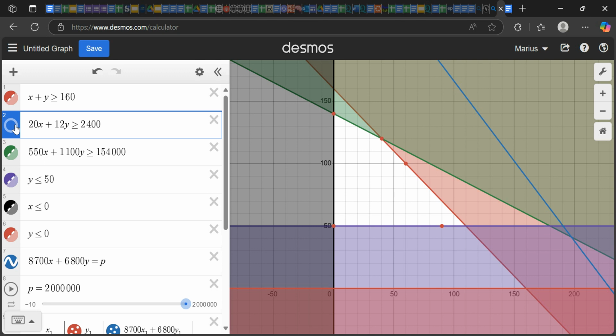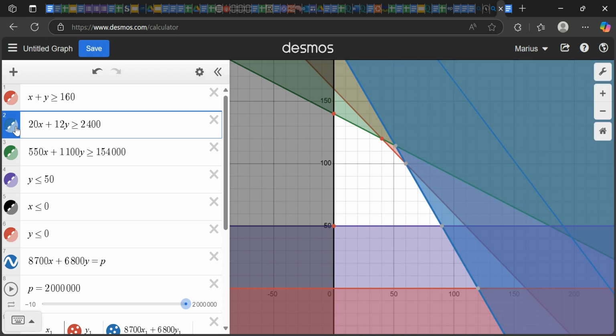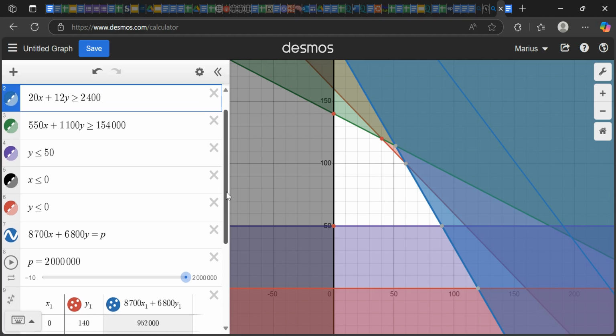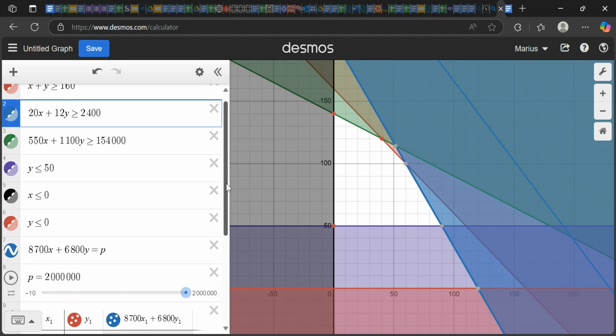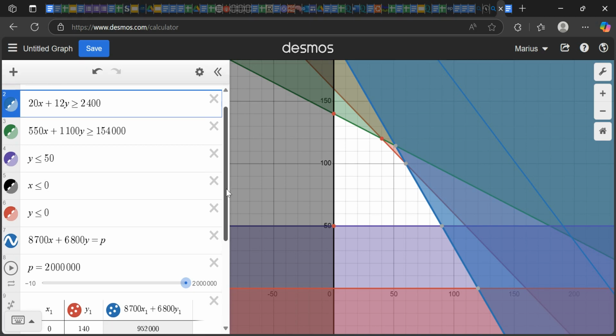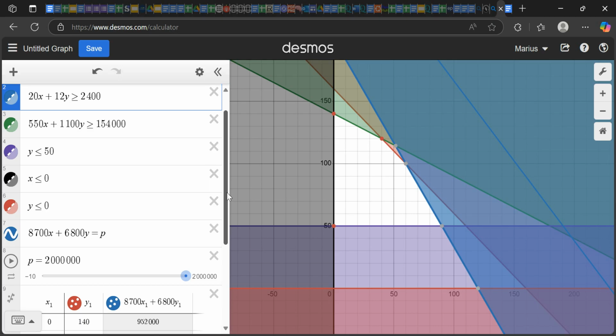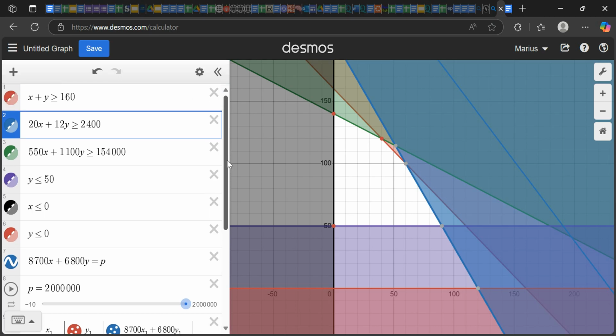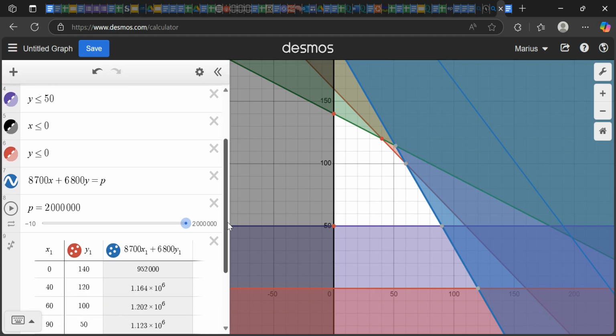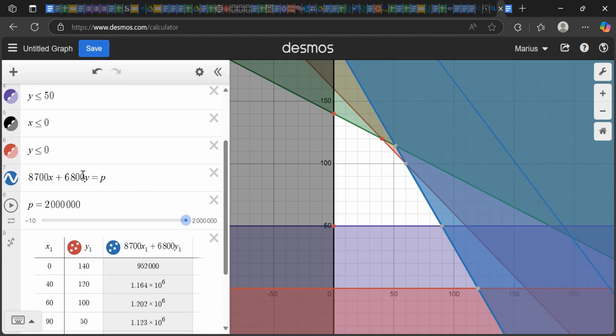If I take it out, yes, that's the one. What is the gradient of that? It's 20 over 12. Cool. What is the gradient of my objective function?